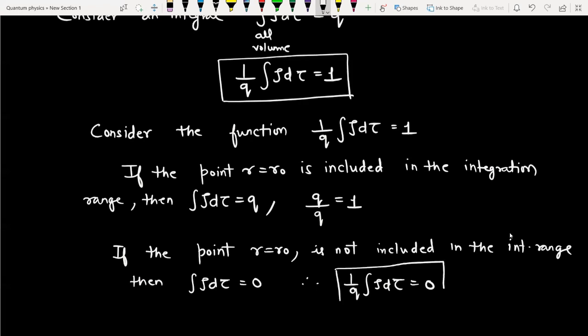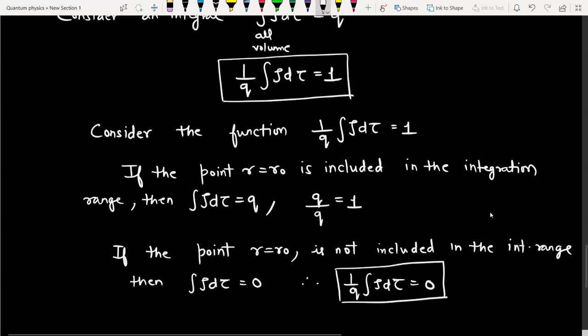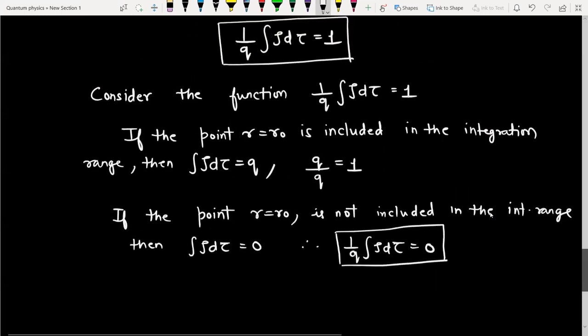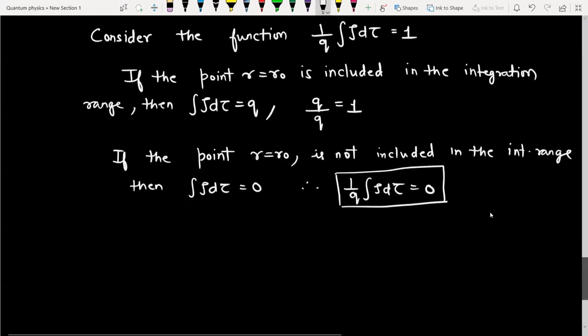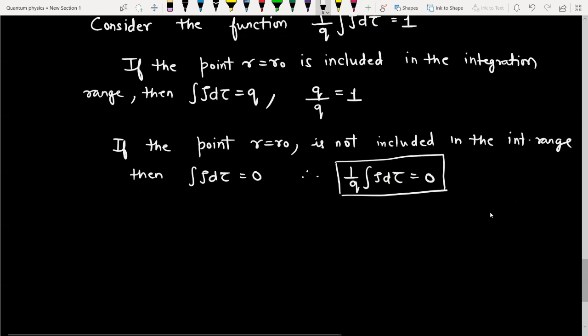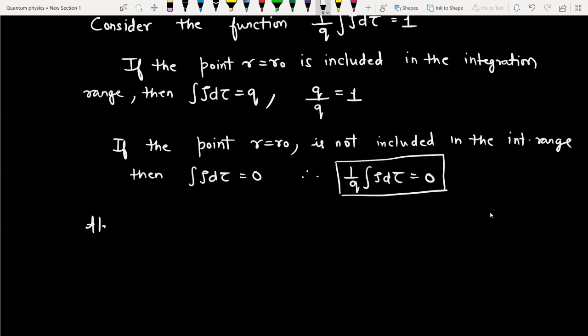Now if you look carefully, and one more thing, if you look at this function 1 by q times rho of r, so we are basically talking about this function.